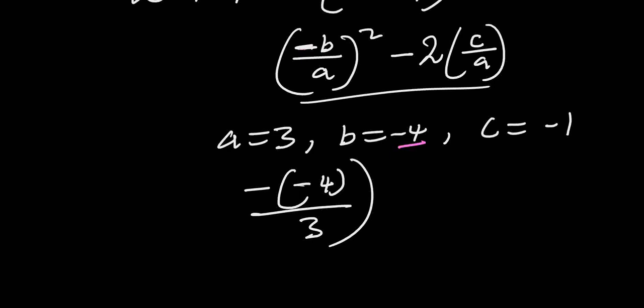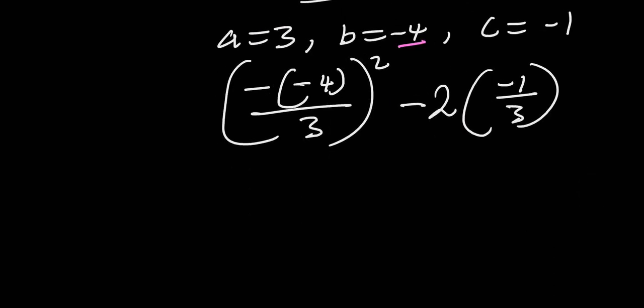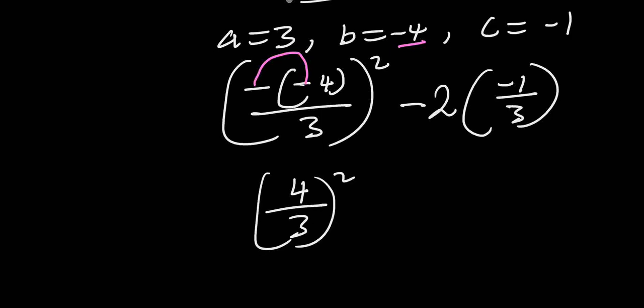So now you can square this minus 2, and c is negative 1 over 3. So this negative can multiply this, and that becomes 4 over 3 squared, and negative 2 times negative 1 over 3 will give us positive 2 over 3.